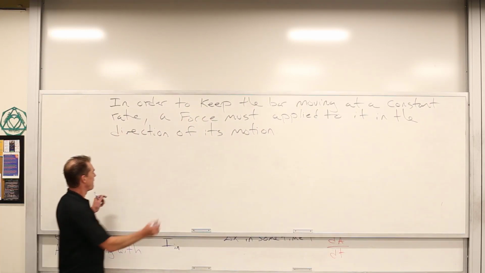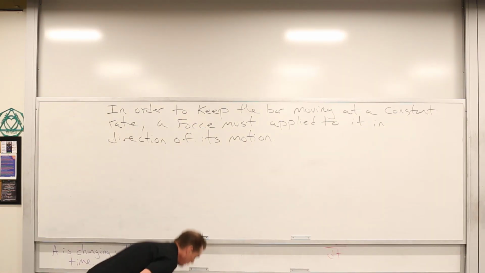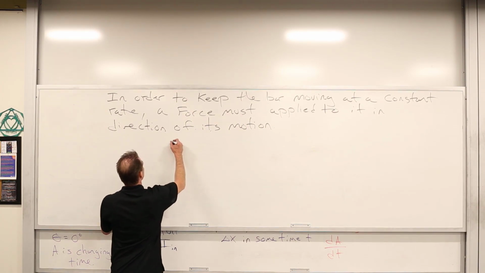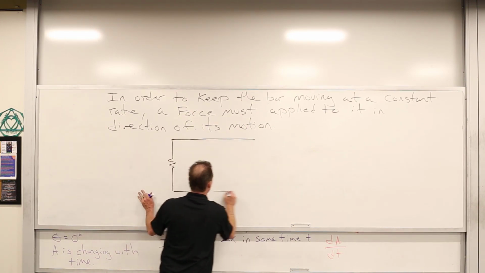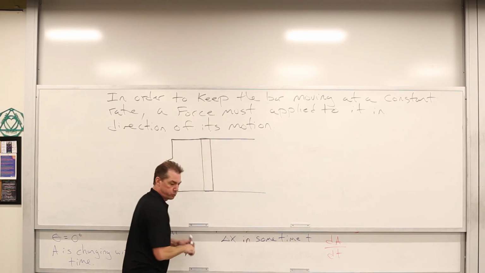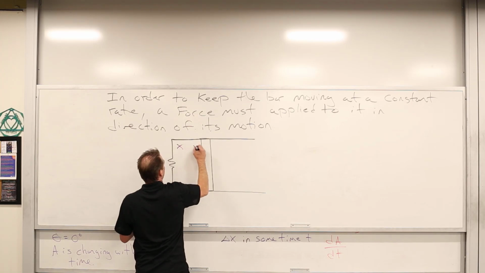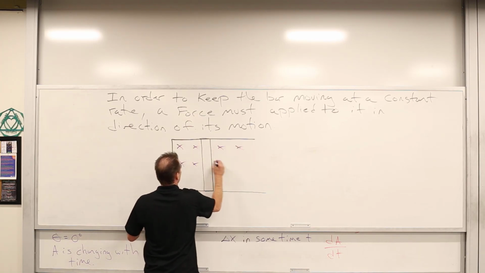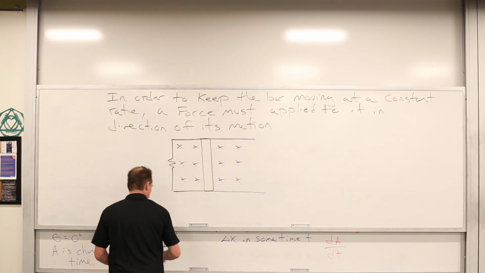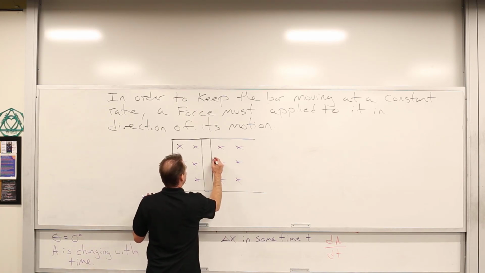So let's look at what that force actually is. Just go ahead and draw this out really quickly. Got our bar moving here. Throw in a magnetic field. Some velocity vector.